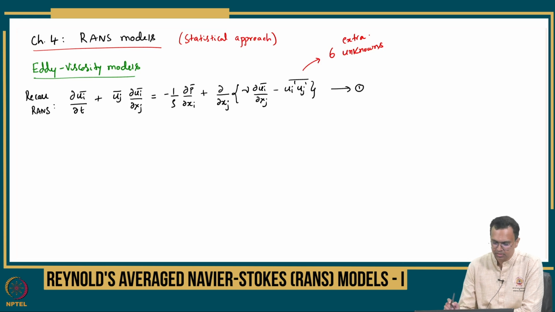So we proceed with this idea of eddy viscosity here, and the idea stems from something very similar to the Newtonian idea, that is Newton's law of viscosity, that it's a combination of two things. First, I can write this as a sum of two different stresses, a turbulent stress and a viscous stress.